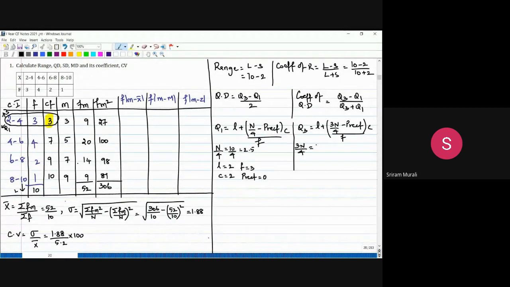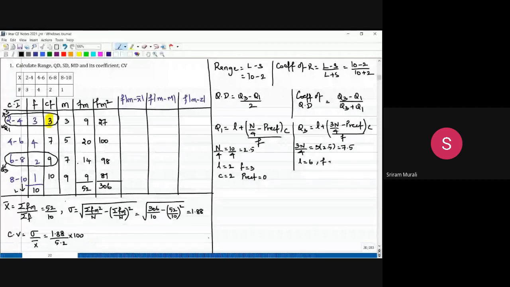3N by 4, 3 into 2.5 will be 7.5. Where does 7.5 come in the CF? It should come here. This is my 7.5. I mean, this is my Q3 class. So if this is the Q3 class, what is L? 6. What is F?